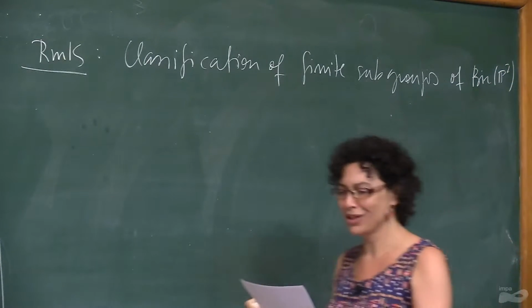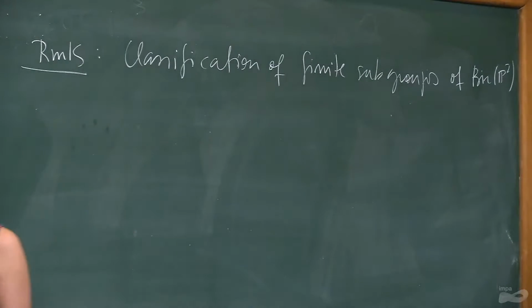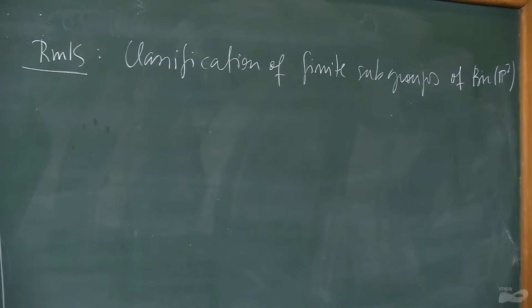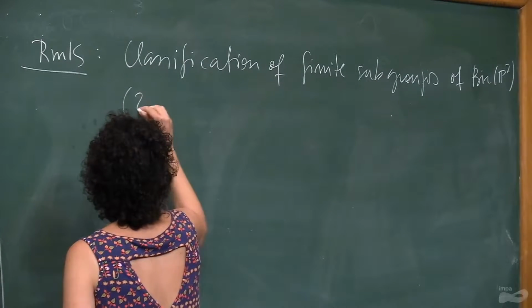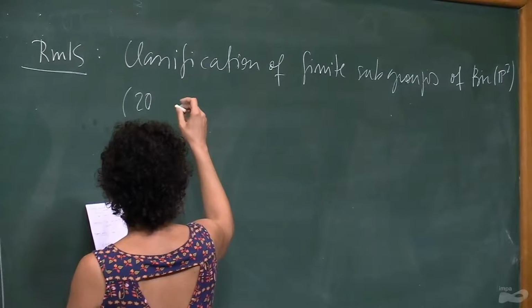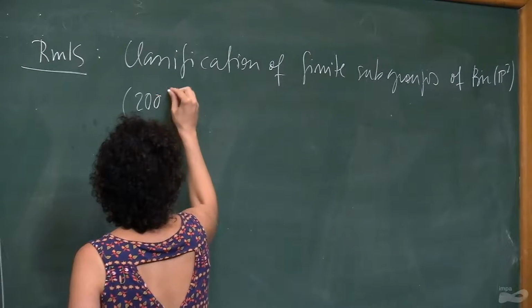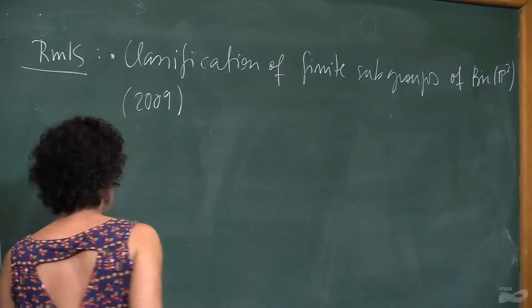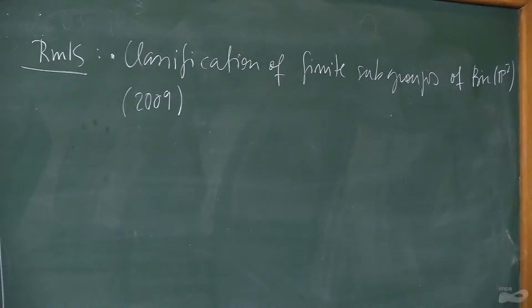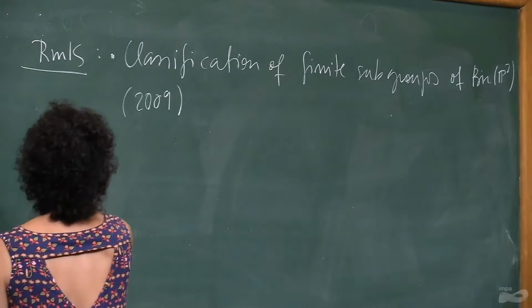This started with work of Bertini, again in the 19th century, and had contributions from Cantor, Castelnuovo, Segre, Manin, and it was finally finished in 2009 by Dolgachev and Iskovskikh. So this is a classification of the finite subgroups.